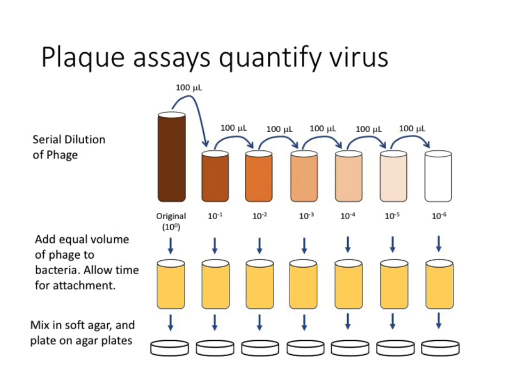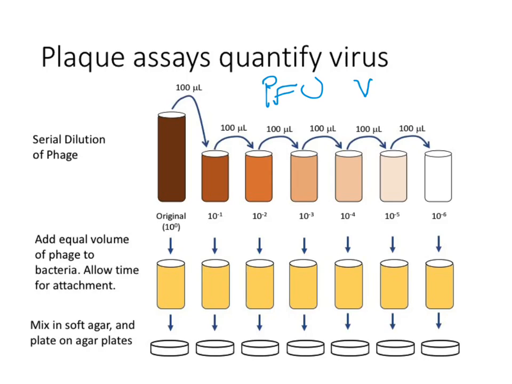From one of these plates, you're going to count the number of plaques, and to figure out the concentration, we need to know the PFU, or plaque-forming units. We need to know the volume of bacteriophage that we plated.